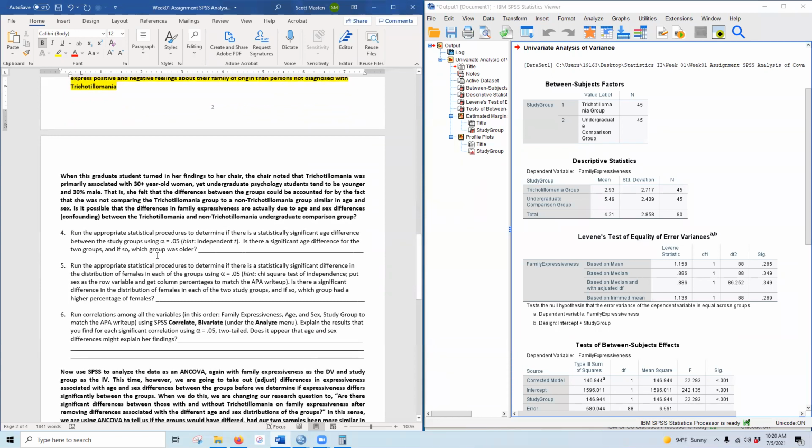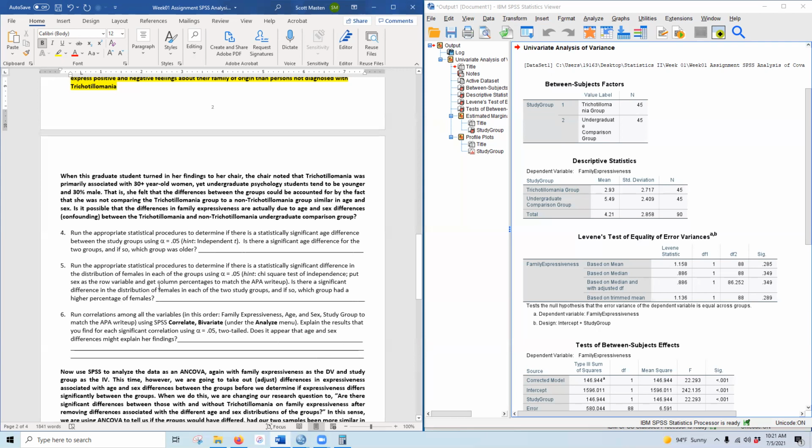You compared trichotillomania, which tends to be among women age 30 and older, to a bunch of undergrad 20-ish year olds, I'm guessing, from the psych student pool. What if the differences you got are just differences in age group or differences in gender? So they made her go back and actually see if age and gender were confounders of her study.